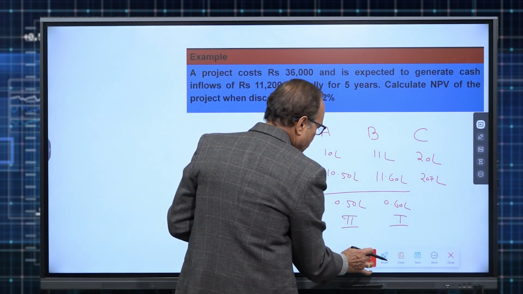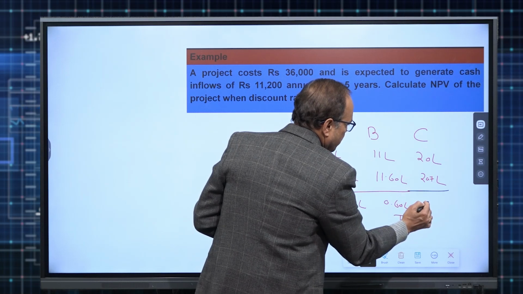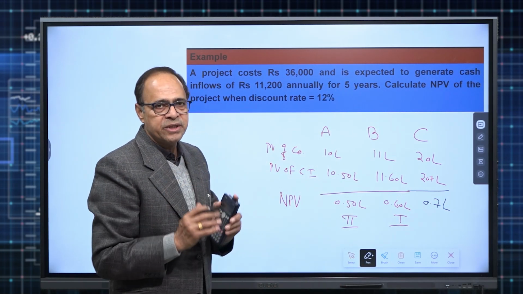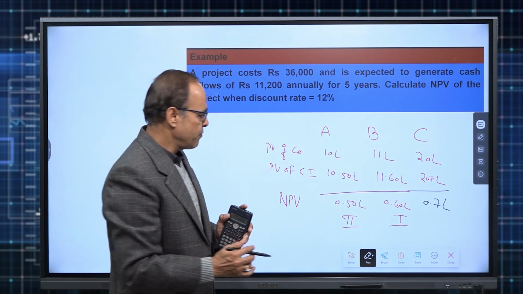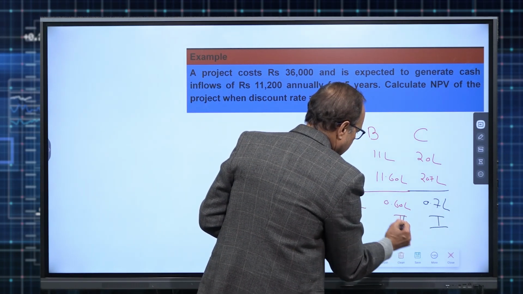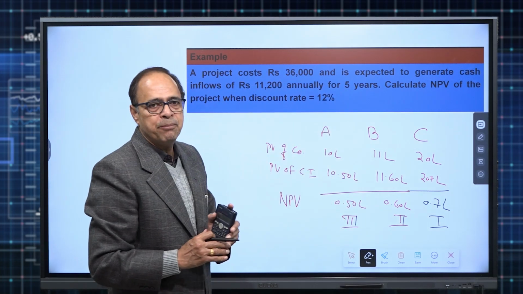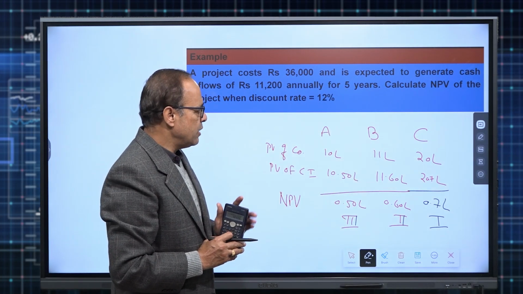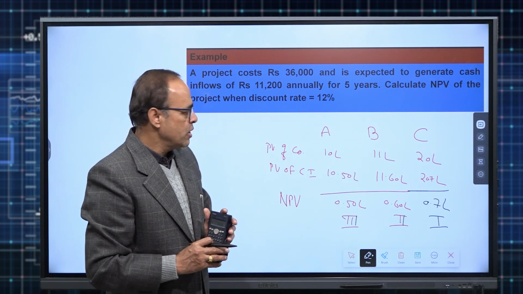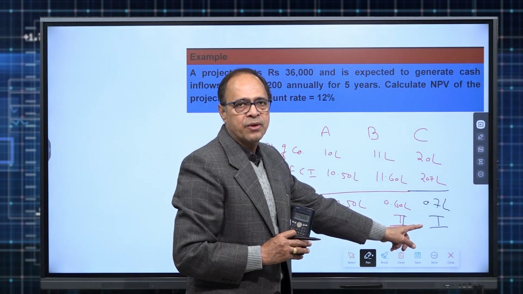So what NPV do you get for project C? 0.7 lakhs. Now we have three projects, so ranking will change. What ranking are we going to give these projects? First rank, second rank and third rank. So now with us the example is project A, B and C, and we have to choose a project as per NPV criteria. So we will devote our attention to project C.